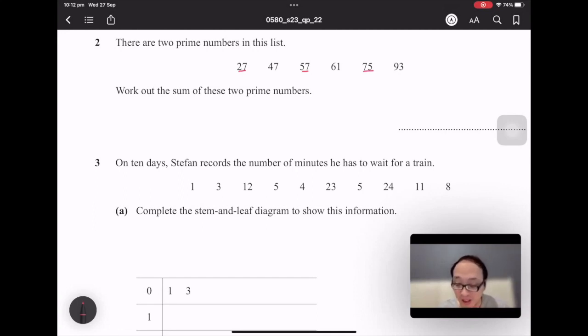So from the list, the remaining are 47 and 61. So it's 47 plus 61, which is 108.